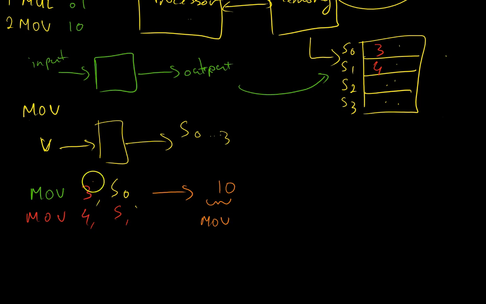Then we need a number to represent what value we're going to move, and then afterwards we need to represent where we're going to move it. Since we're moving just regular numbers in here, we don't have to make an encoding because it's just a regular binary encoding.